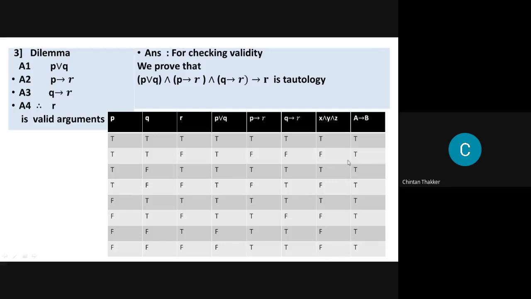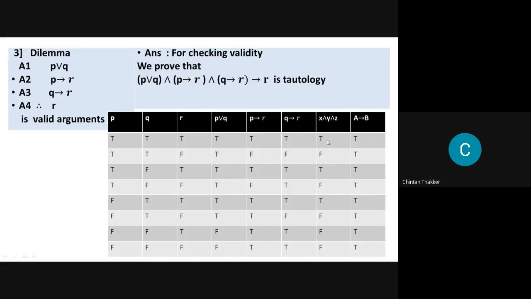Then implies B, where B is R. Where we have the false value in the first statement, we write the true value in the conditional statement. So these are rows 1, 2, 3, 4, and 5; at these five places, we write T. Now we have to check only three places.